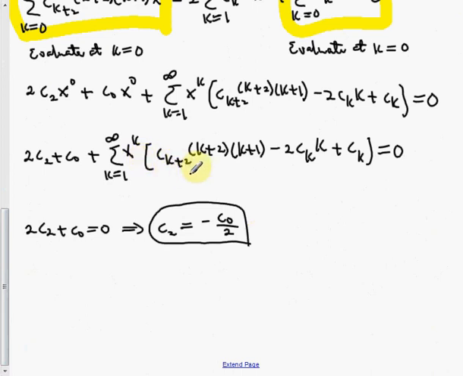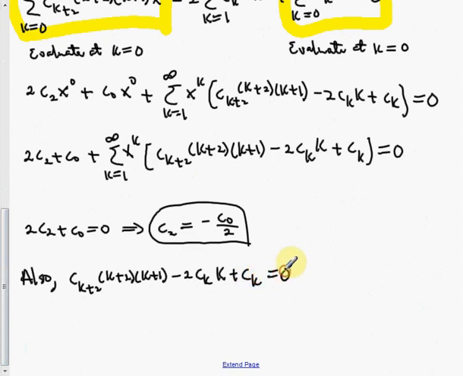Look at that big summation. For that to equal 0, the terms inside the brackets must be equal to 0. So here we say also, c sub k plus 2 times parentheses k plus 2 times k plus 1, minus 2 times c sub k times k plus c sub k, equal to 0.